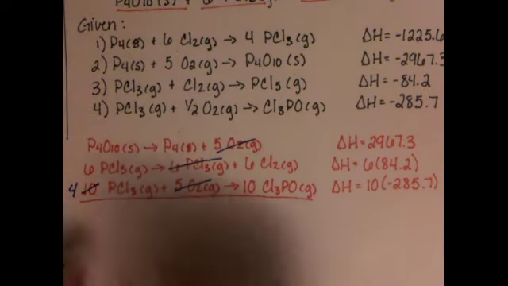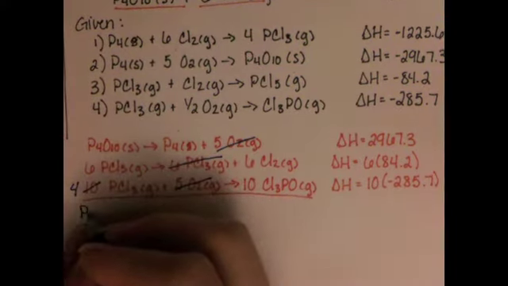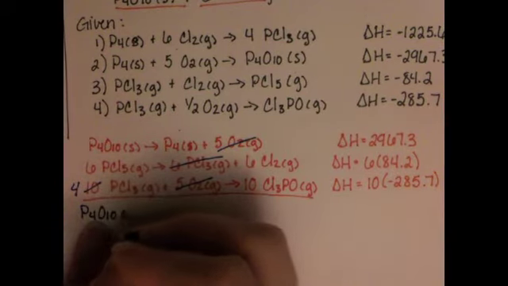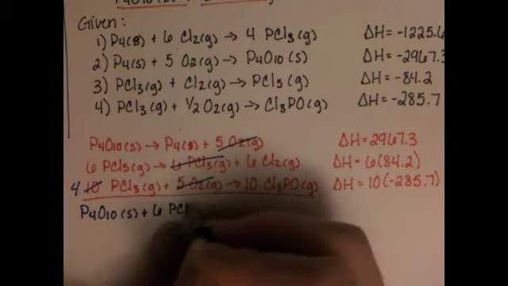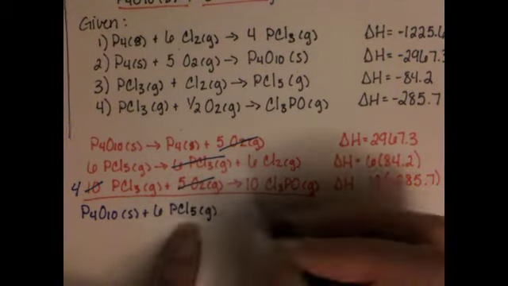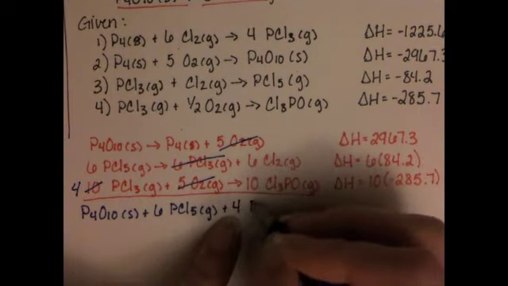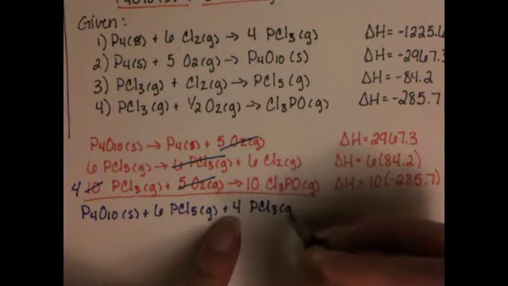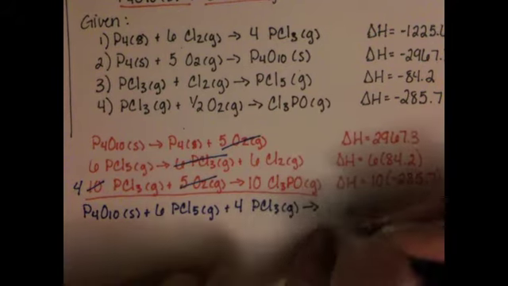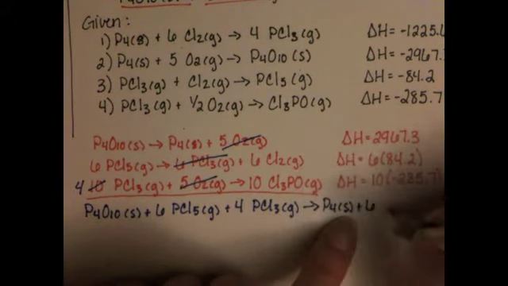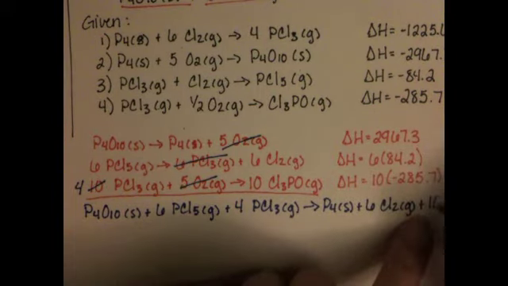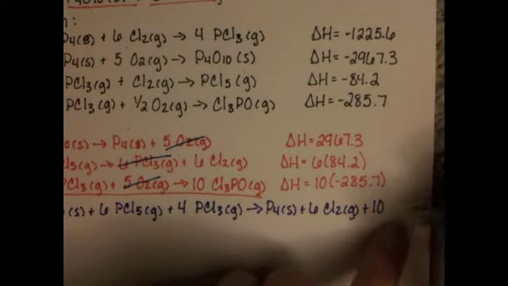When we add these equations up together, these three, we get P4O10 solid plus 6 PCl5 gas plus 4 PCl3 gas to produce P4 solid plus 6 Cl2 gas plus 10 Cl3PO gas.